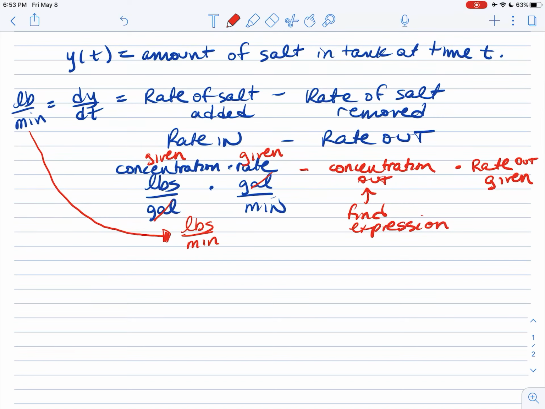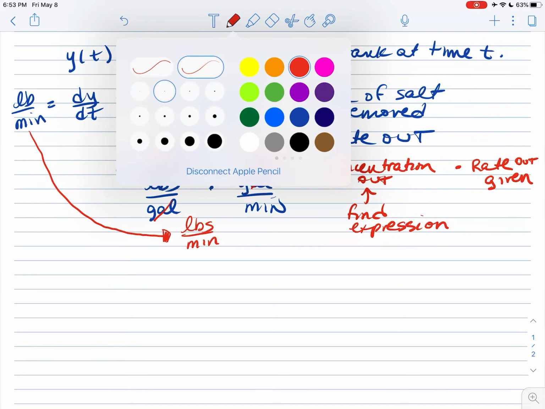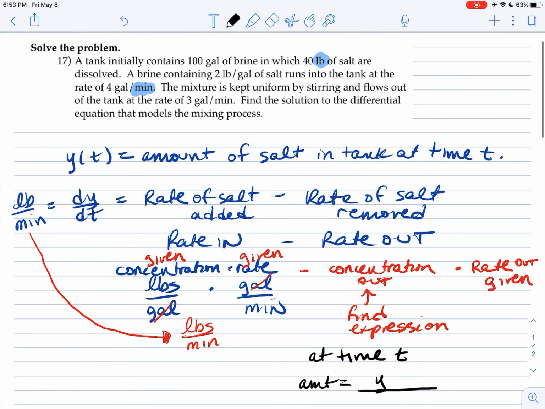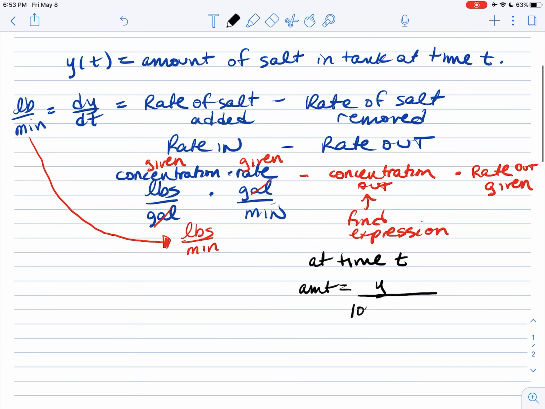So again, we go with the definition of concentration. It's the amount of the substance over the total volume. So if at time t the amount is going to be y of t, and at any given time, we want to go to the initial amount in the tank. So we see our initial volume of the liquid at the beginning, because we'll always start with that.